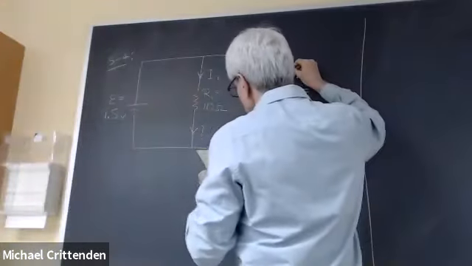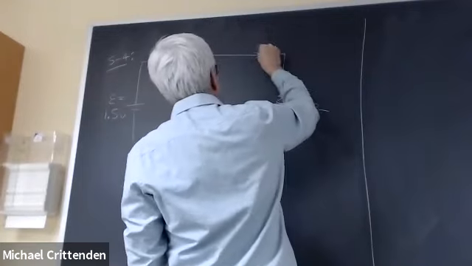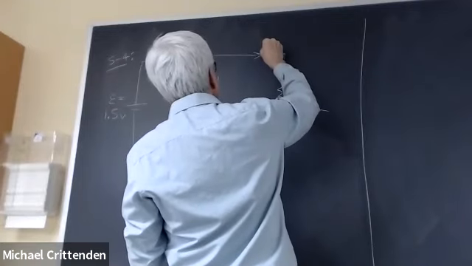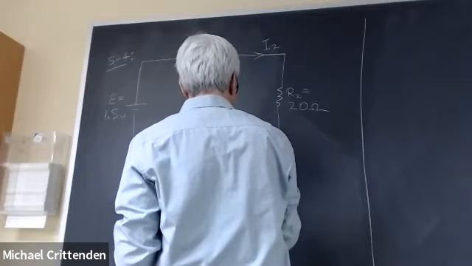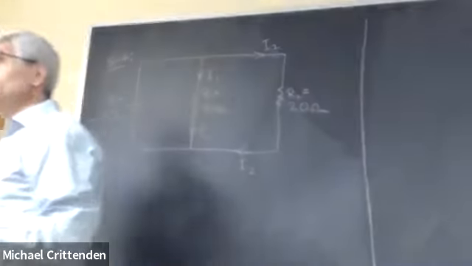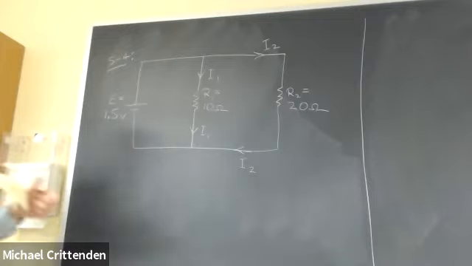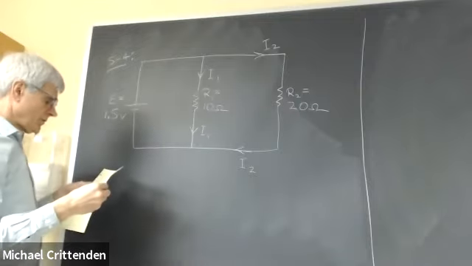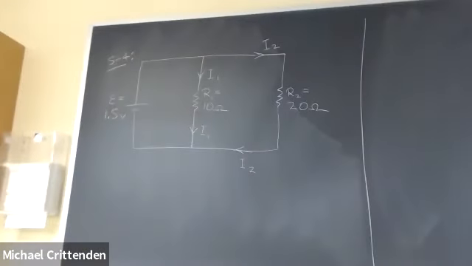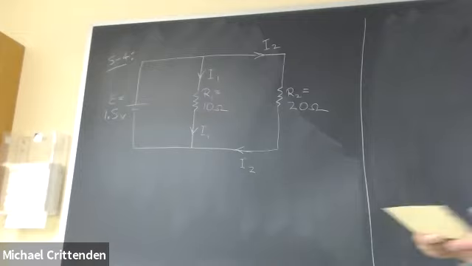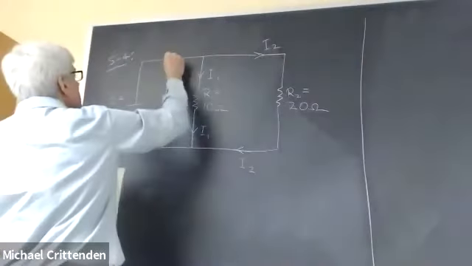And the current through resistor number 2, I thought I2 was an appropriate name for that. So the current flowing from the battery, which is the thing the question actually asks for, that one's going to be I3.